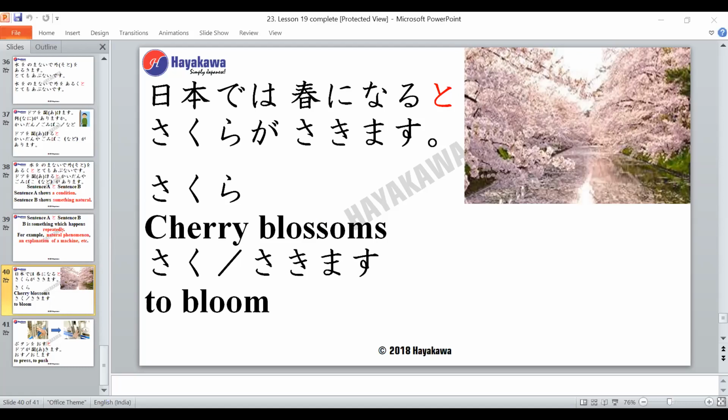So when it becomes spring in Japan, you have cherry blossoms blooming. Here sentence B is showing something that happens repeatedly. Every spring you will have your sakura blooming. Any doubts?